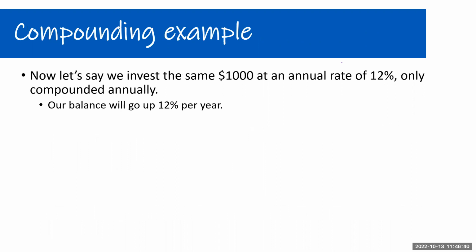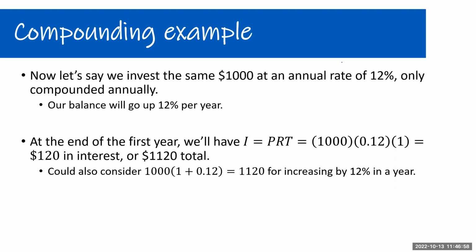So let's say now that we're going to invest that same $1,000 at an annual rate of 12%, just like before, but now we're going to be compounding it annually. So instead of just getting money at the end of 2 years, we're going to get interest 12% every single year. So at the end of our first year, we're going to have 1120 total because we're going to get 120 in interest at the end of the first year.